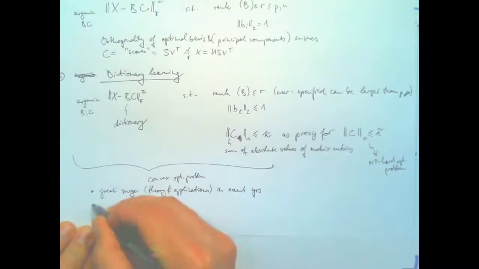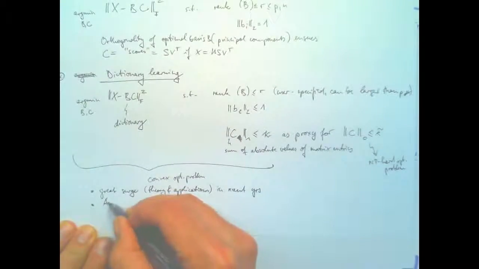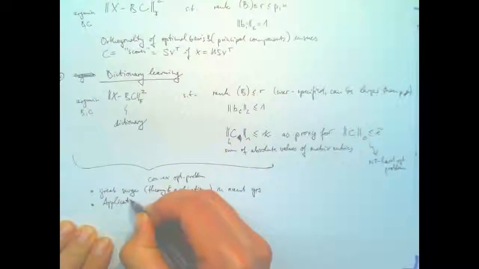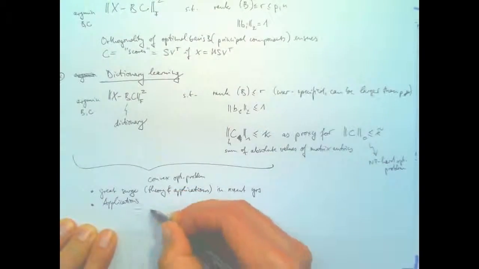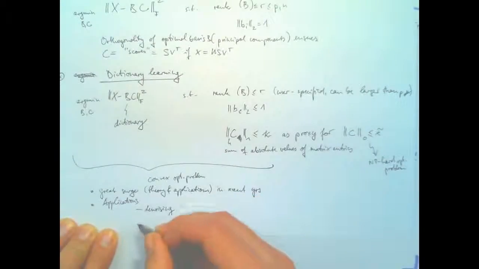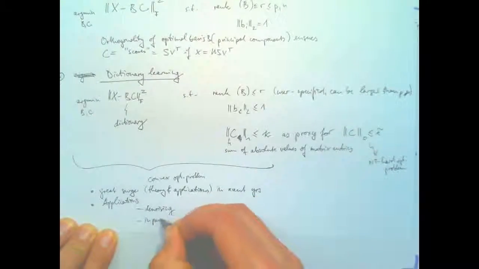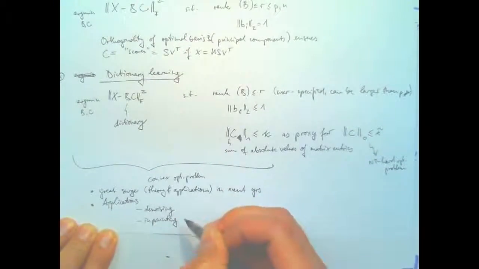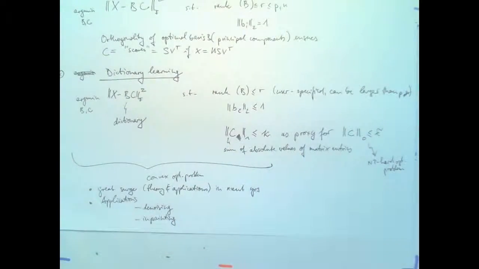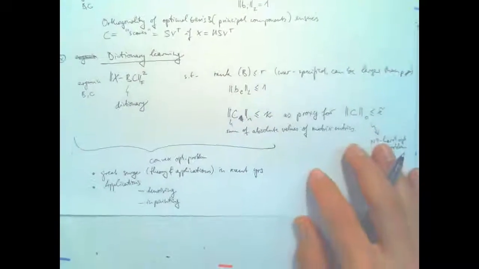Important applications for this are, for example, denoising, or so-called in-painting, which means part of the image has been corrupted or occluded, or artificially people have painted across an image, and you try to estimate the missing parts.